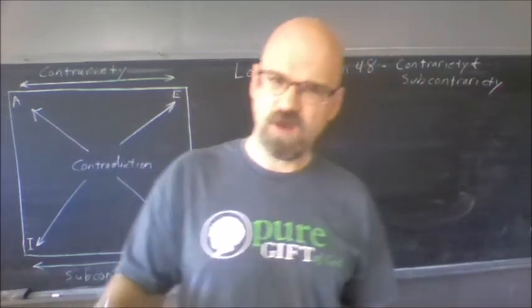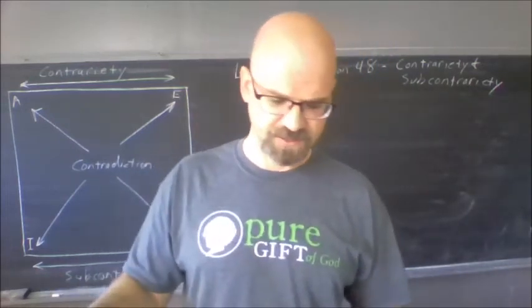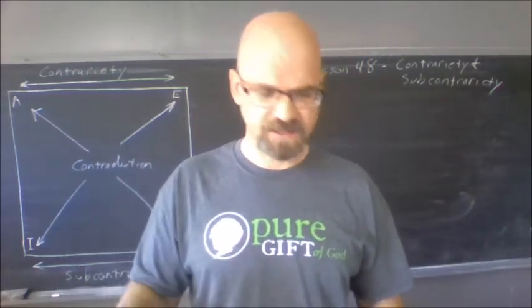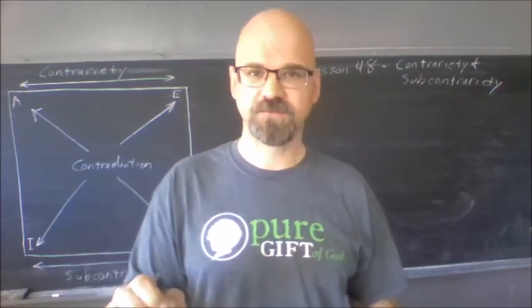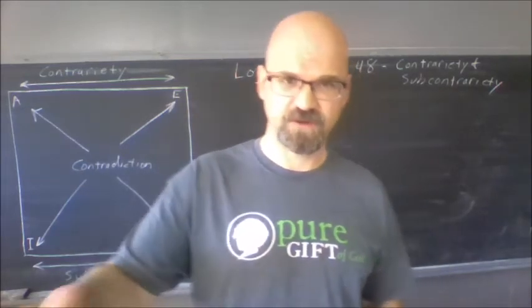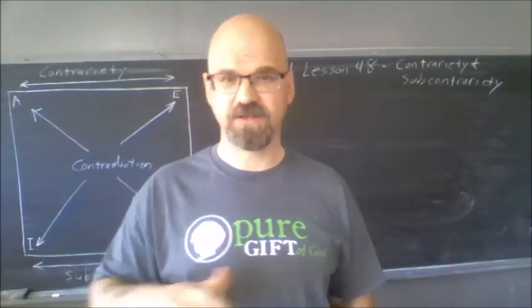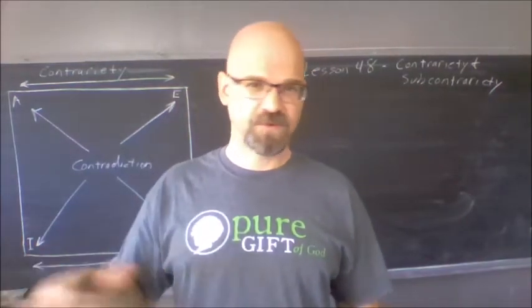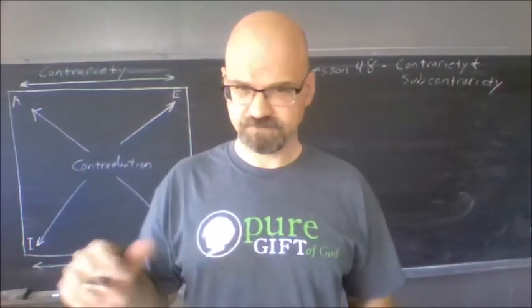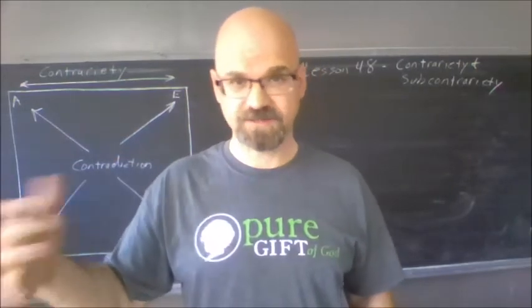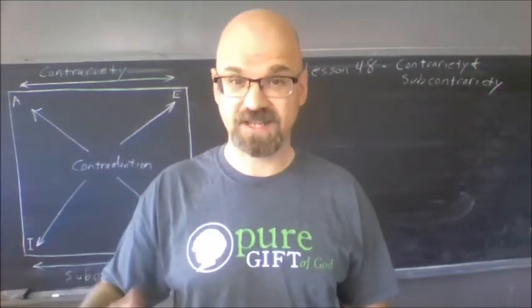And do you remember what the quantity of the proposition is? Quantity is whether it's universal or particular. Is it referring to everything? So if we say no people are weird, that's a universal statement. It's saying no one.